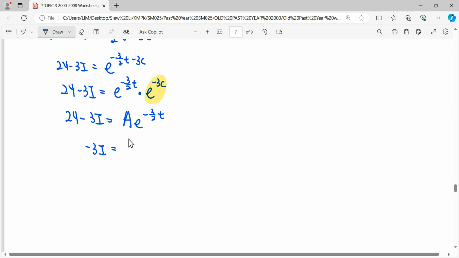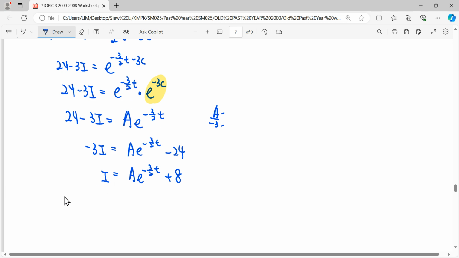Then we divide it. Move the 24 to the right hand side and divide it by -3. So a divided by -3, a constant divided by a negative constant, I remain it as a constant. So -24 divided by -3 will be +8.